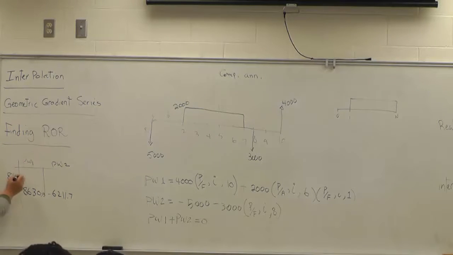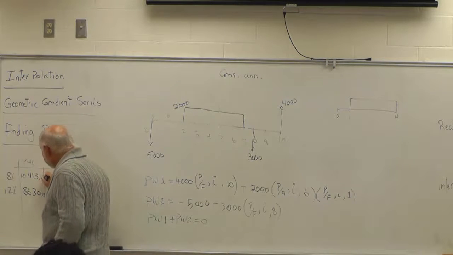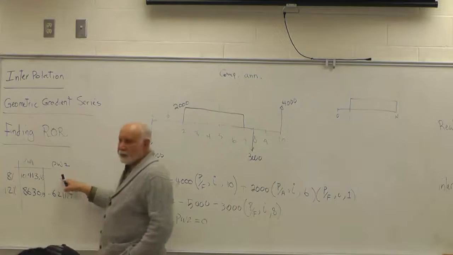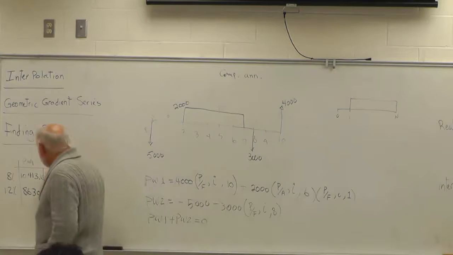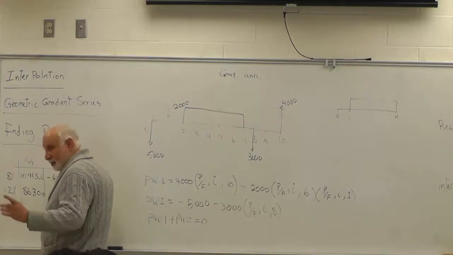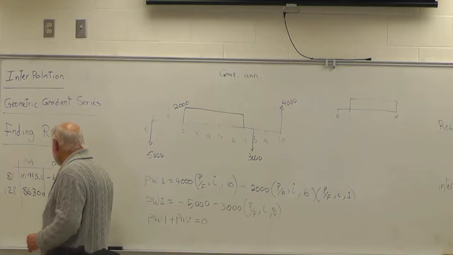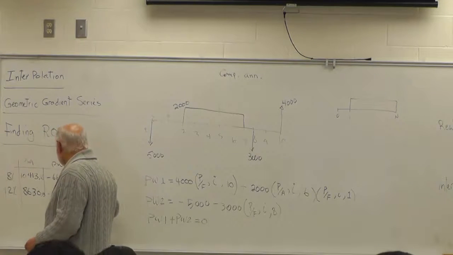Okay. It's 10,413.48. Correct, there you go. For PW2, negative 6,620.90.